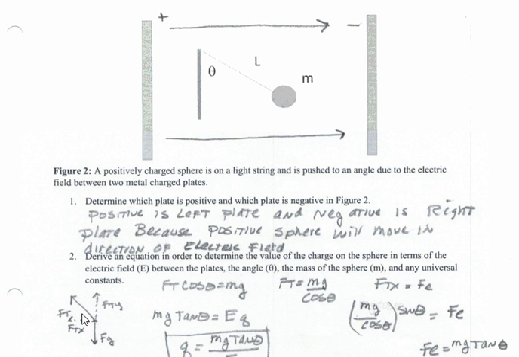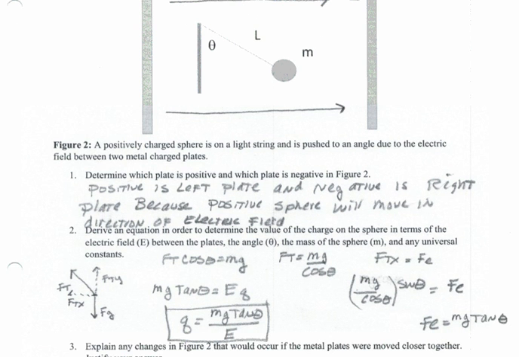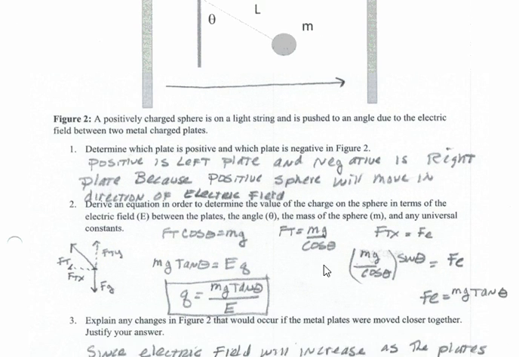Now force tension X is pointing this way. That's going to be completely opposed by force electric going against it. So this ball wants to fall downwards, but force electric is pushing it away. So then we know that force tension X must equal force electric. So what do I do there?